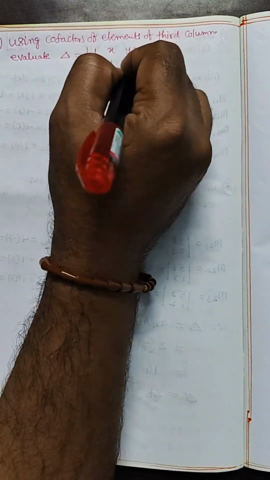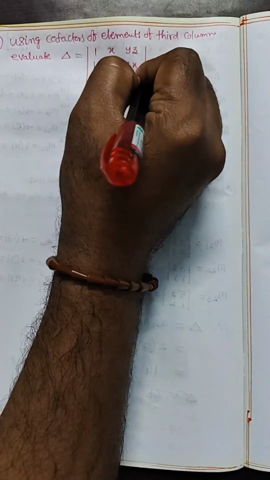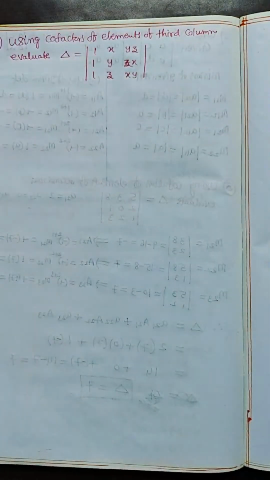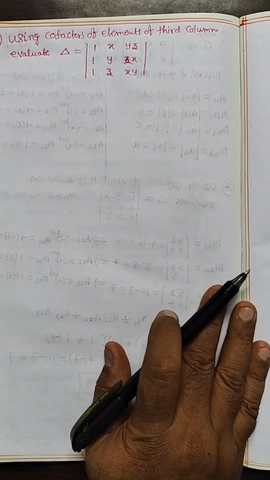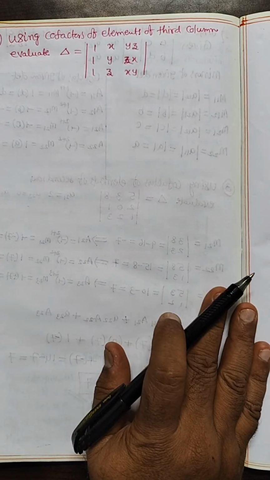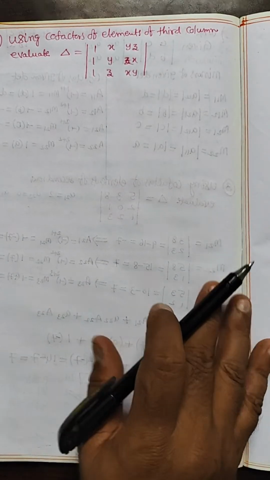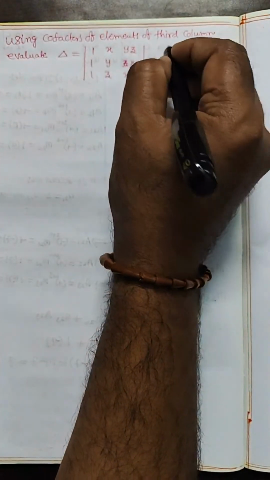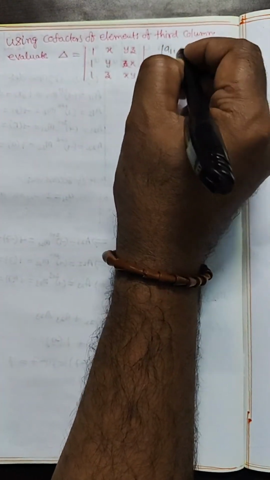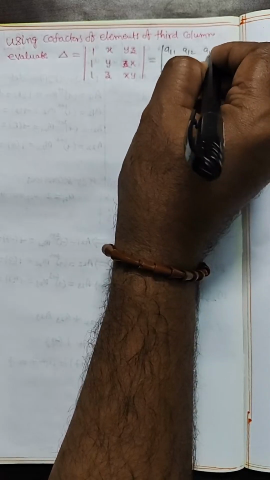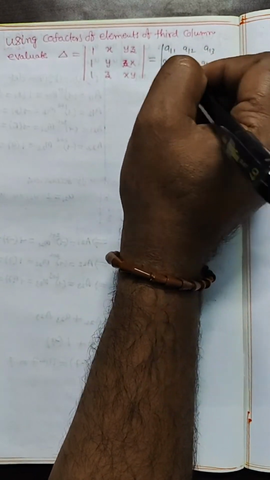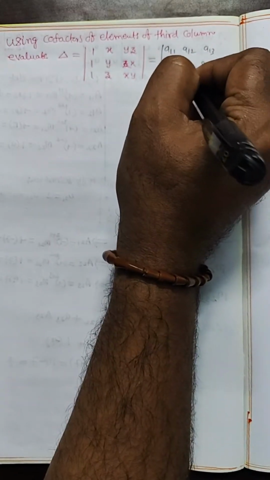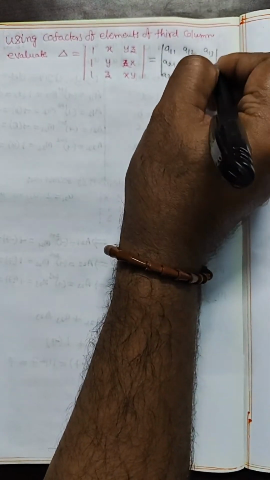1 z xy. See, first, what we have to do is write the elements of the third column. What are the third column elements? So you write the elements first: A11, A12, A13, A21, A22, A23, A31, A32, A33.